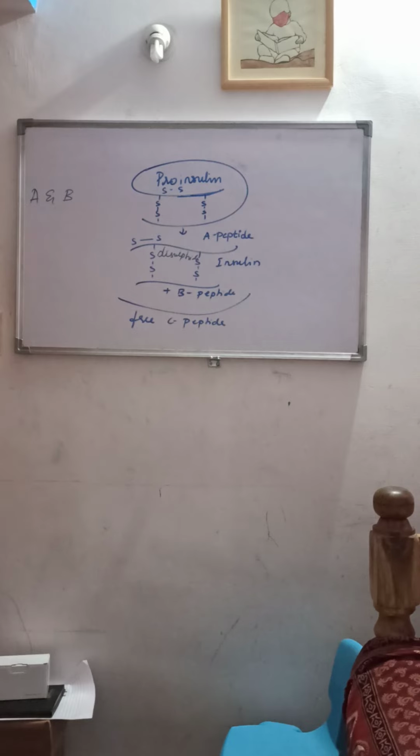The bacteria with the A gene produce the A chain, and the bacteria with the B gene produce the B chain. The A and B chains are extracted and combined by creating disulfide bridges to produce the active insulin. This is how the mechanism is implemented for the synthesis of human insulin.